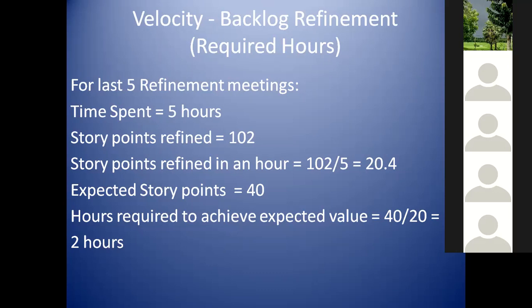If I want to do it in the same week itself for 2 hours, I will still be able to manage, because if my team is spending 2 hours, they will be able to get around 40 story points. Around, it's not an accurate value. All these things are average values, which are close to the exact values, but may not be the actual accurate values.